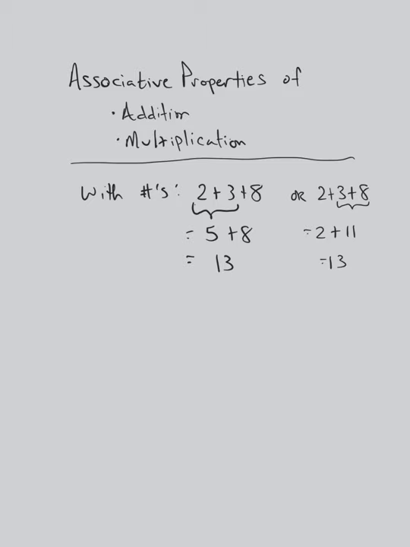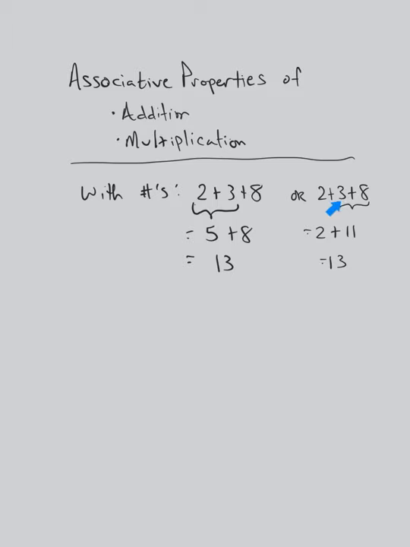If I have the same operation more than once, then how do I proceed? I take any two of them and add them together, and then I add on the third one to the result. And further, what the associative property says is it doesn't matter which two you group together.